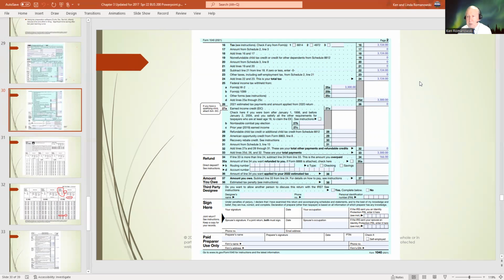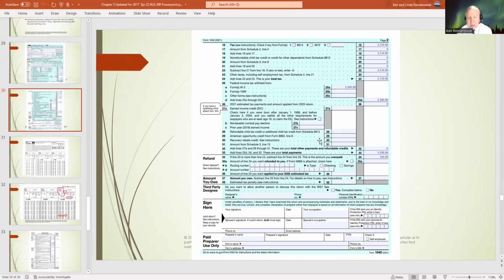Okay, that's what he owes. That's his total tax. Now, his W-2 form that he got from his employer showed that $3,300 was withheld. All right, so he owes $3,134, but he actually had $3,300 withheld from his pay. So he will then get a refund. All right. So moving along here, the W-2 form, which is where the 3,300 was showing, you now move that from line 25A to 25D.